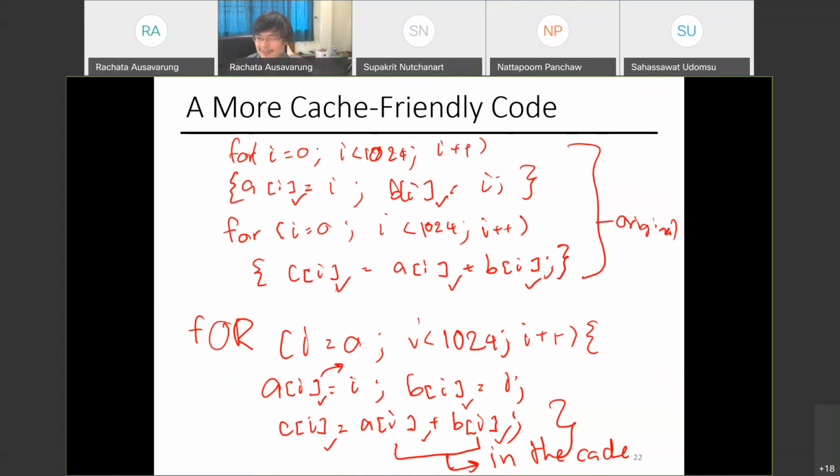What's the hit rate of this particular access to A of I? Is it 7/8 or 8/8? Any taker? Anyone want to take a risk here? 7/8, yes.